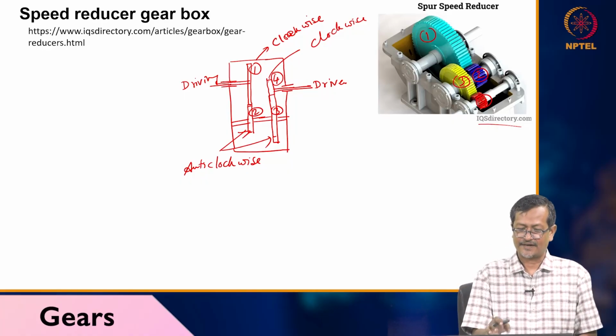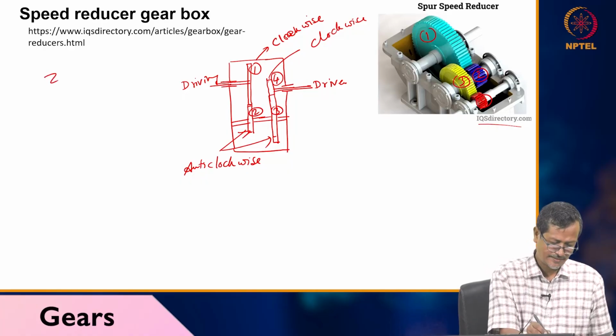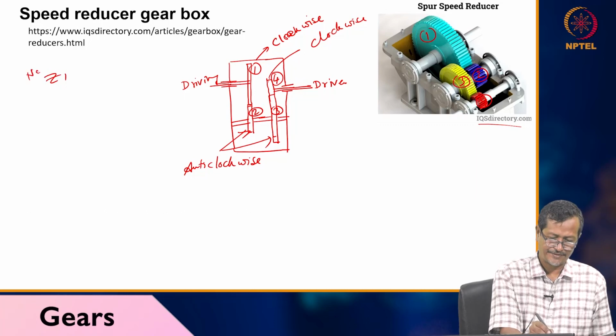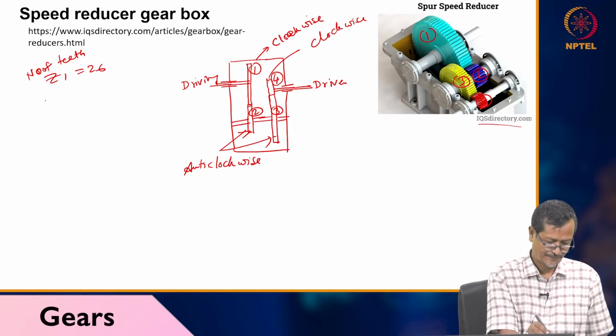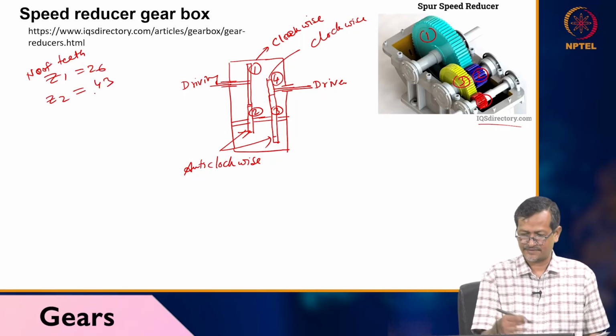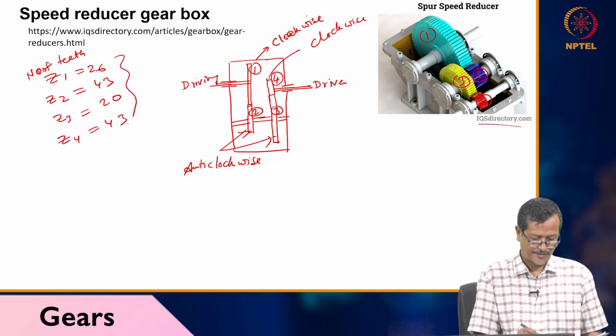Okay, now how much speed did we reduce? Can we calculate? Let's say Z means number of teeth. Z1, teeth in gear 1, equals 26, Z2, teeth in gear 2, is 43, just some guess values I am giving, Z3 is 20, Z4 is 43.